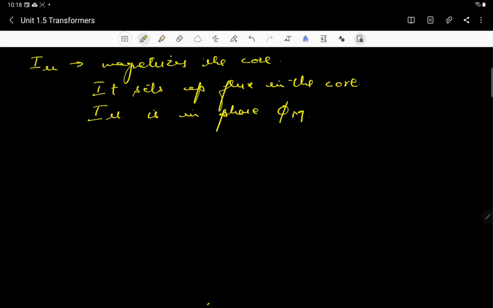जब ये फ्लक्स क्रिएट कर रहा है तो फ्लक्स एंड दिस कंपोनेंट आई म्यू, ये दोनों एक ही फेज में होंगे.